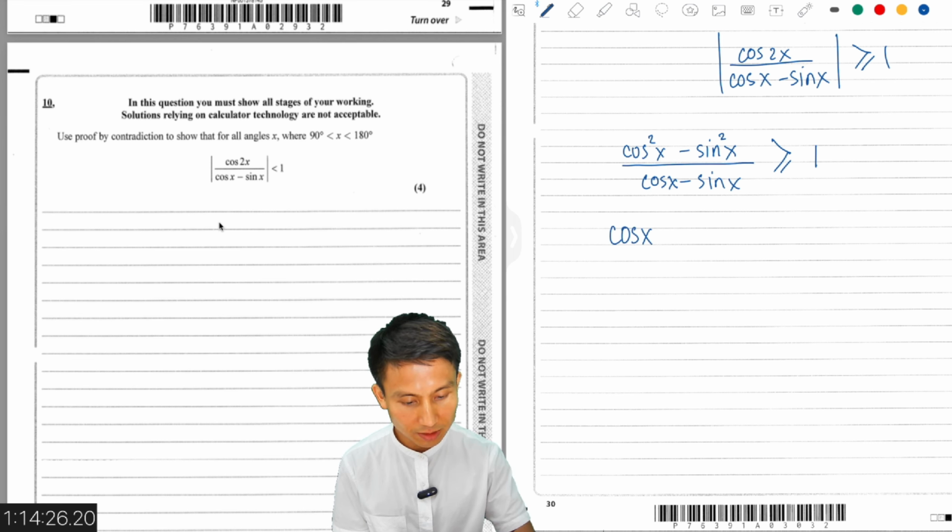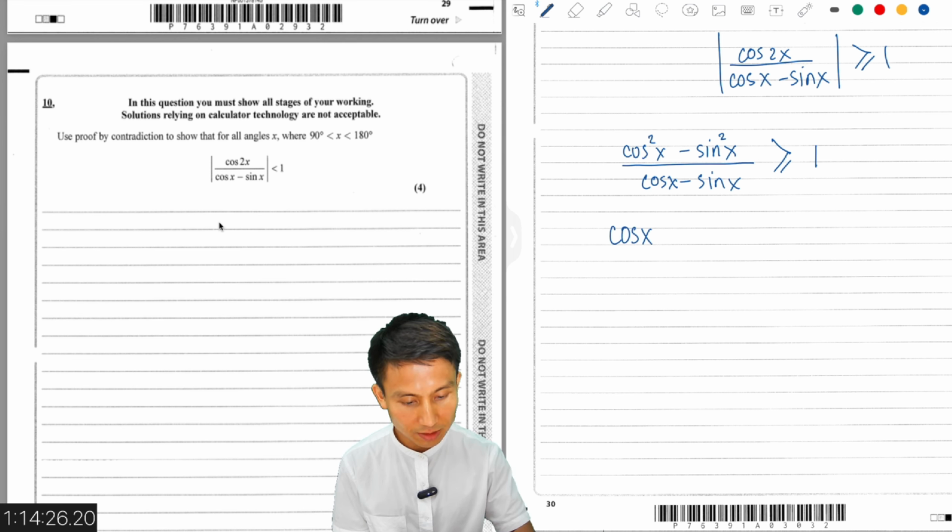If we think about the x here, x is in quadrant 2. I'm just going to write that because it's 90 to 180. That's quadrant 2. Now, in quadrant 2, cos is a negative value, sine is a positive value. So negative value minus positive value, you get a negative value, right? So we just think about this separately.